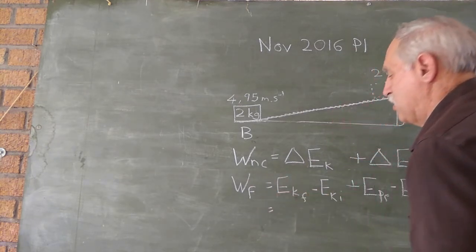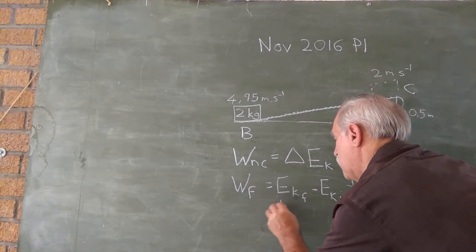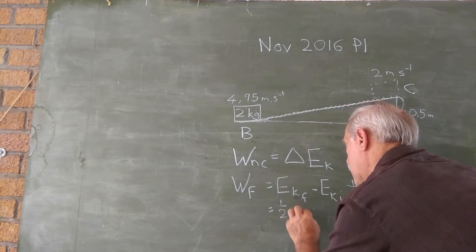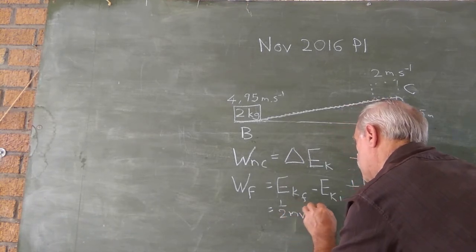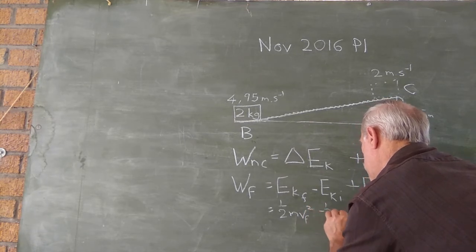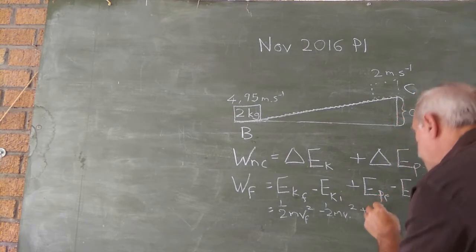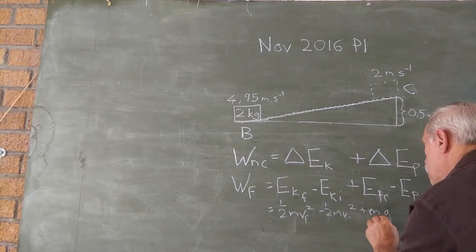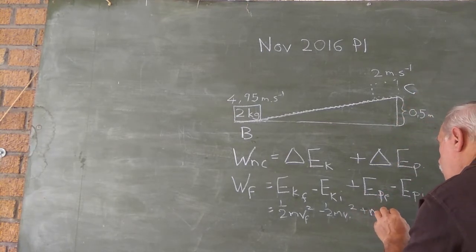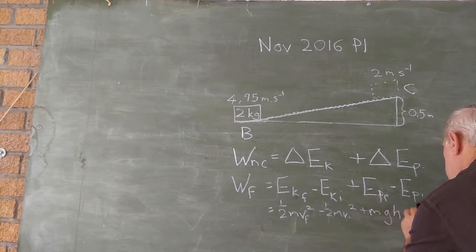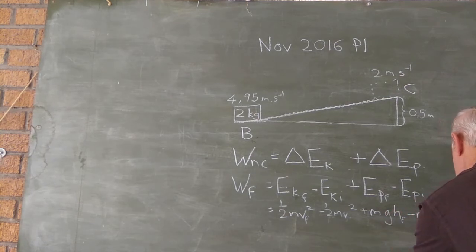Again, we unpack our formula further. It's going to be a half m v final squared minus a half m v initial squared plus mg h final minus mg h initial, where h final is the final height and h initial is the initial height.